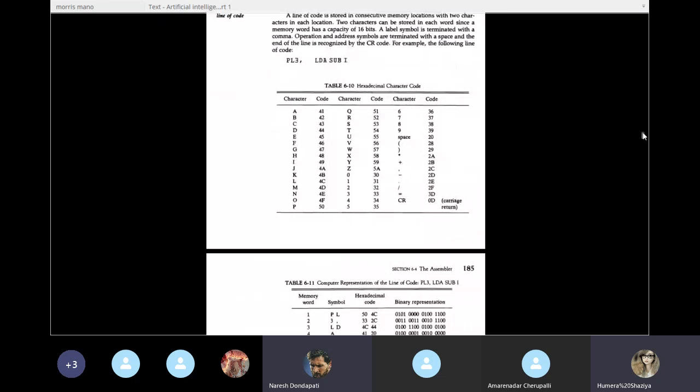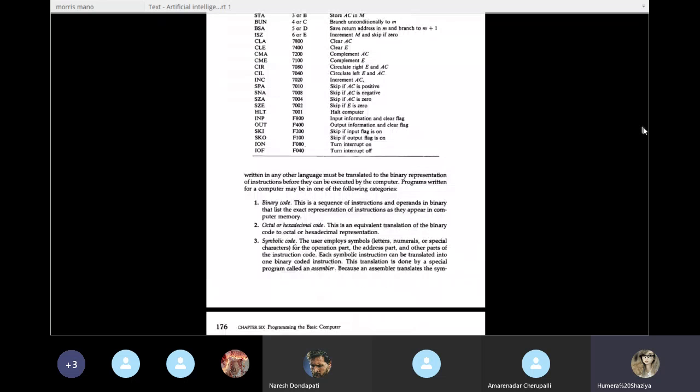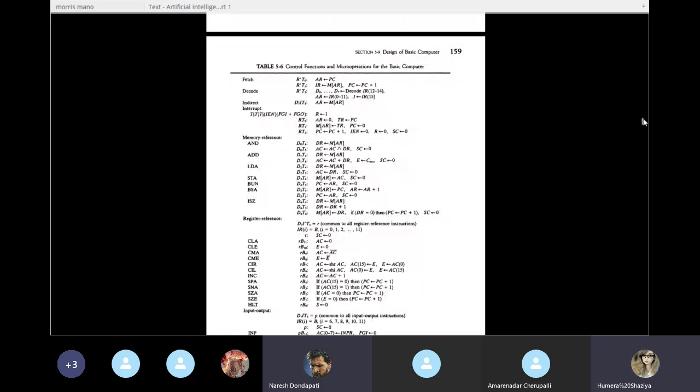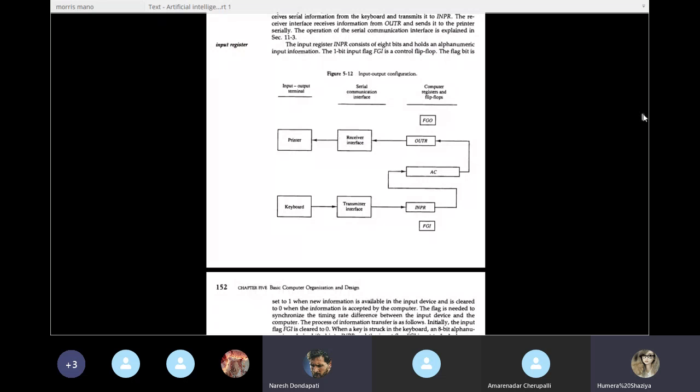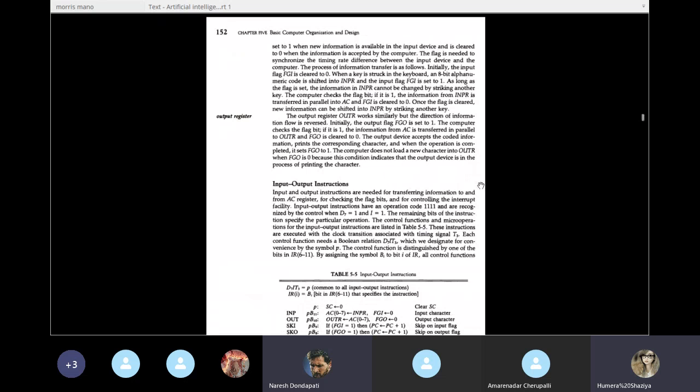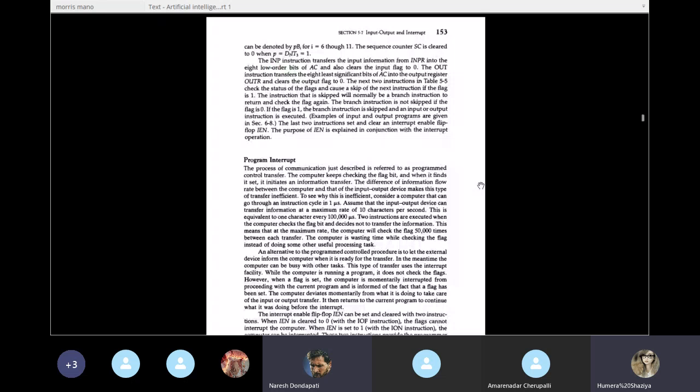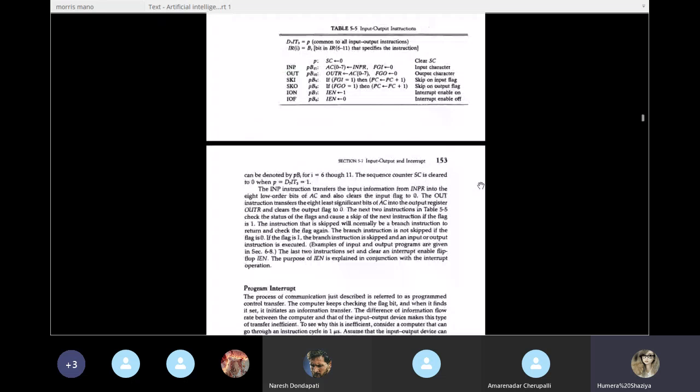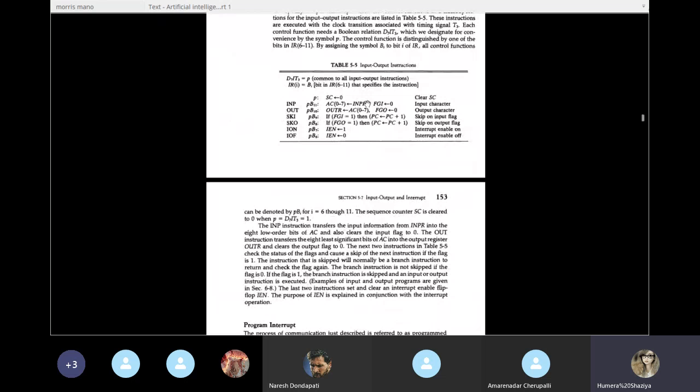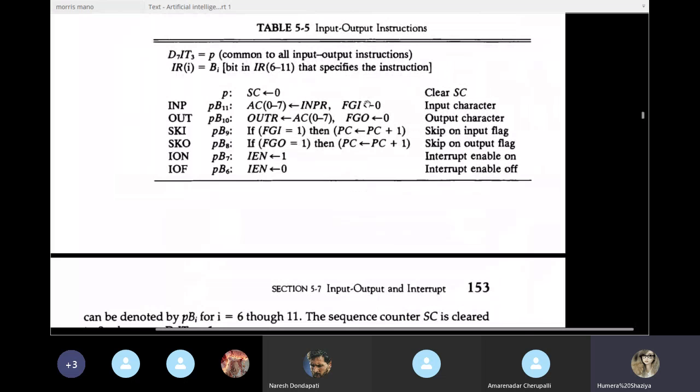So we are studying input output instructions. I asked anyone to explain D7IT3, but I did not get the answer, so I will tell you the answer.